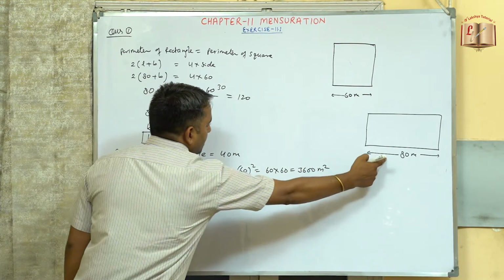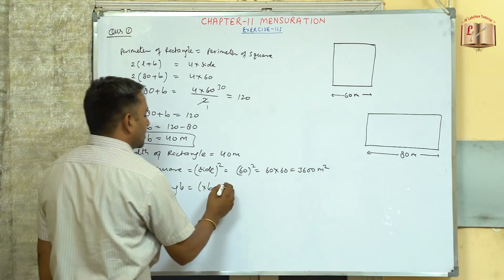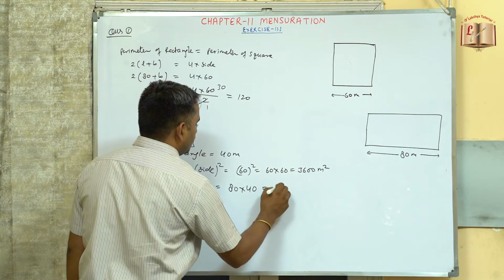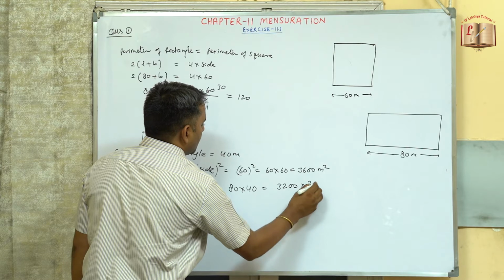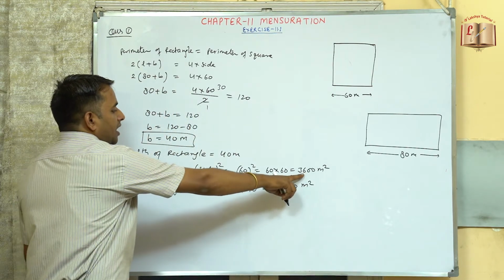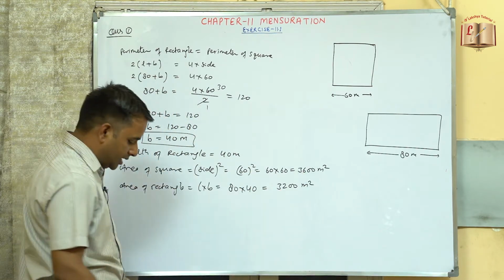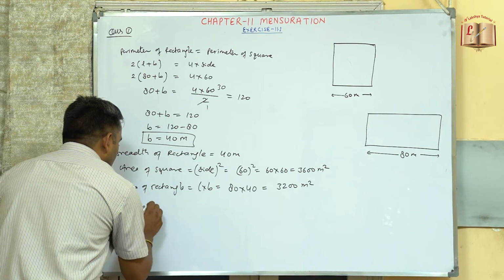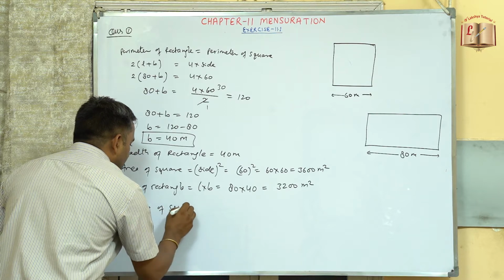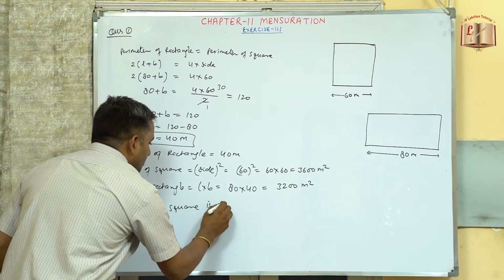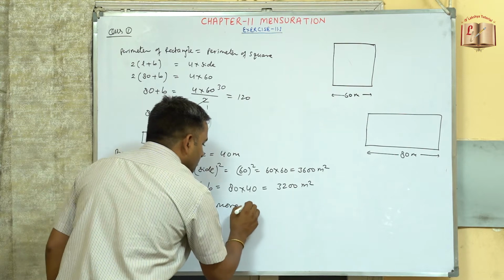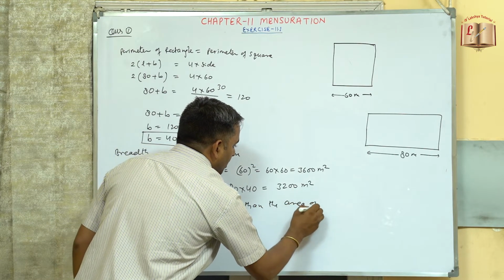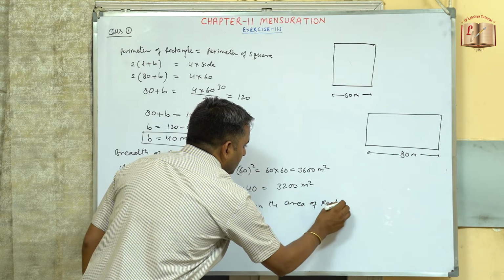So length is 80 and width we have already calculated 40. So this is 80 into 40, 3200 meter square. So now area of the square is more and the area of the rectangle is less. So we can write area of square is more than the area of rectangle.